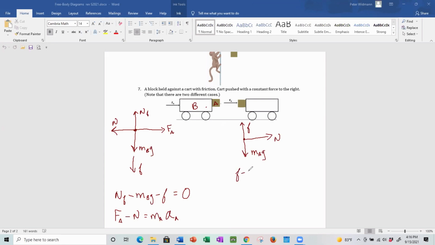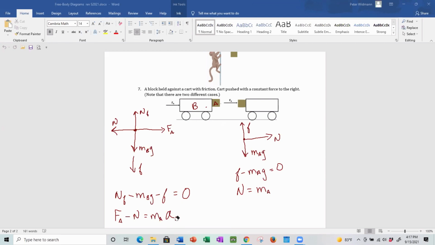Now let's write down my 2 equations for this free body diagram. F minus MAG, well, is A moving up and down? So that's 0. And what about the horizontal direction? I get N equals M sub A. Oh, this is A sub B, not A sub A. Darn it.